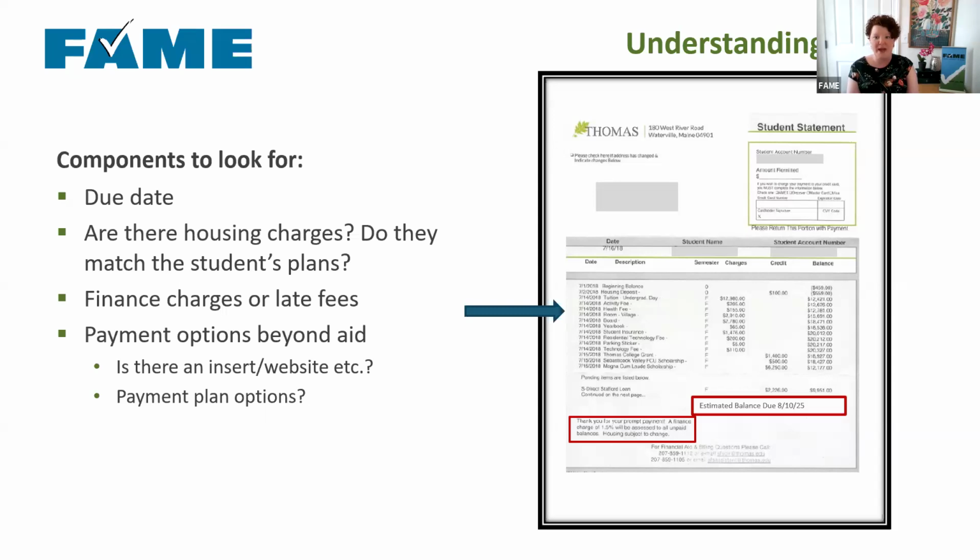So the first bill you get will be for the fall semester, and then students will get another bill in likely October or November once they've registered for their second semester classes with that second semester information. They also break down financial aid by semester, so they will only use typically half of your financial aid for the fall, saving that other half for the spring to help cover that bill.